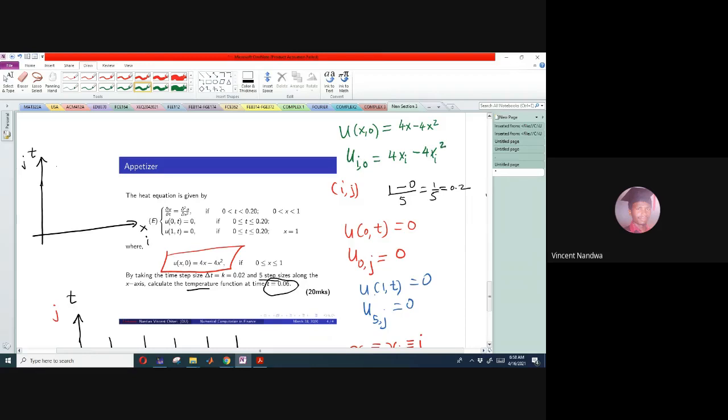So this means that whenever the j value is 0, or t value is 0, then for any given value of i, we have this formula here.